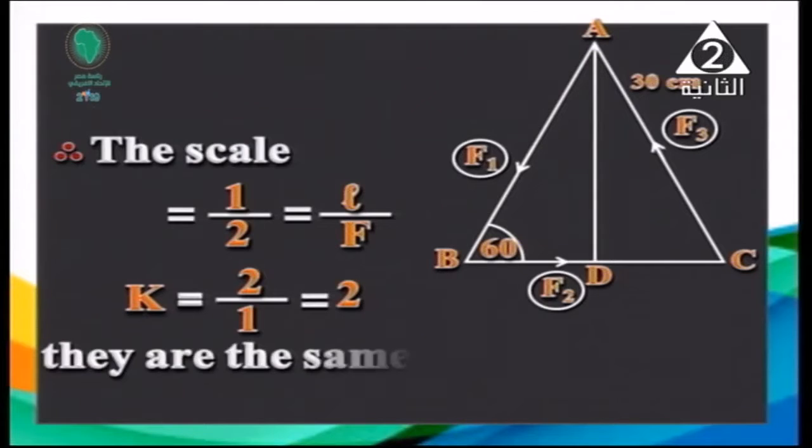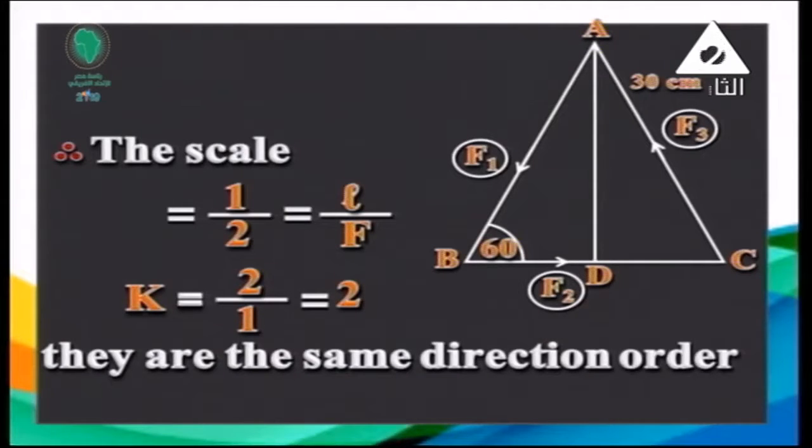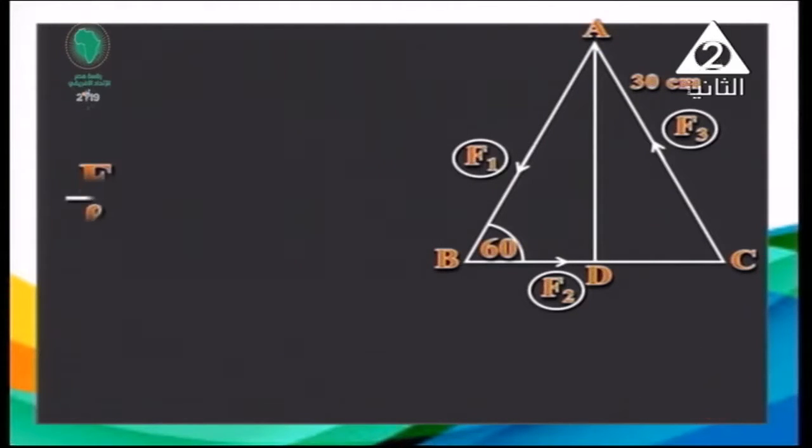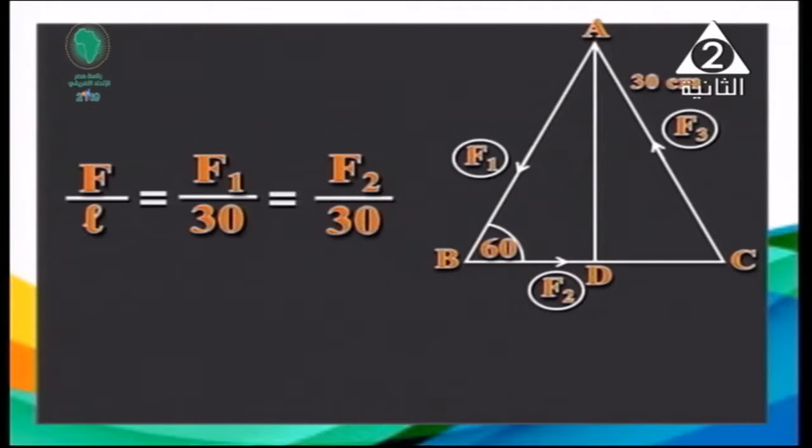My dear student, they are in the same direction, in cyclic order. We know that F over L equals F1 over 30, where L equals the length of the sides and F represents the force F1, equals F2 over 30, equals F3 over 30.